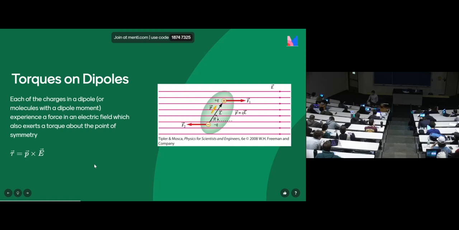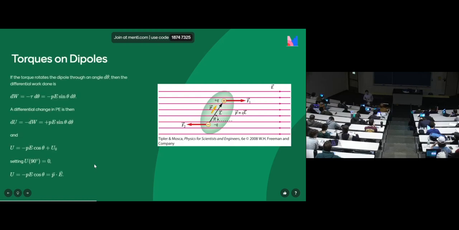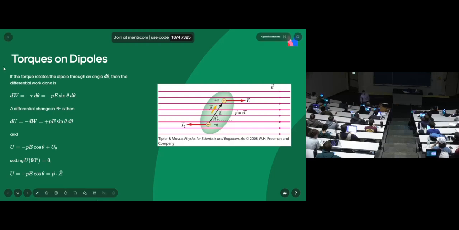If the torque rotates the dipole through an angle d theta, then the differential work done, just like we did in the chapter on torque, is going to be minus tau times d theta. And the magnitude of the torque, which is the magnitude of the cross product, is going to be P times E times sine theta d theta.